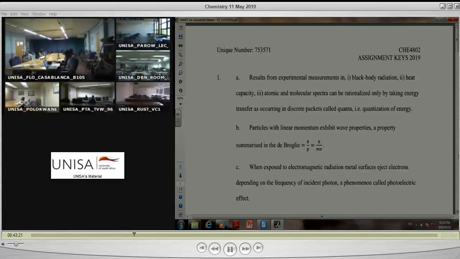What is this about? Photoelectric effect. Go and look at the photoelectric effect, and don't say I didn't say it. There are a range of tasks at the back of the text of each chapter. Go and attempt those.